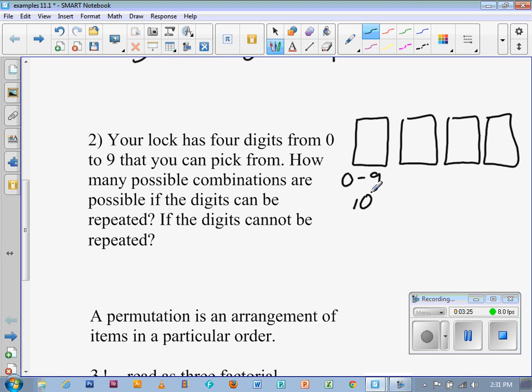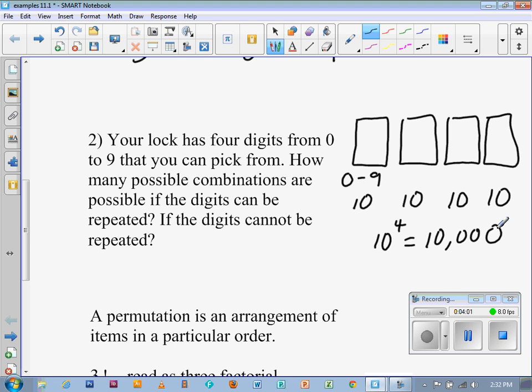So basically we have 10 for the first window, 10 numbers for the second, because they say we can repeat them, so we could have the same digits appear. 10 for the third and 10 for the fourth, which of course is 10 to the 4th power, which is 10,000. So if you have a lock with 4 digits, and you can pick from 0 to 9, so you have 10 options for each, you have 10,000 different ways to represent your combination.